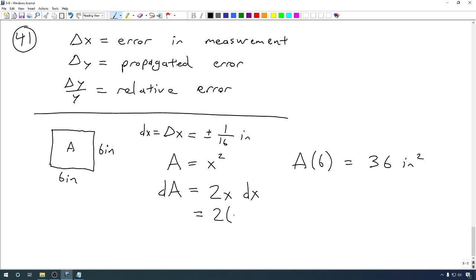X is, we're assuming here, to be 6, times dx. dx is plus or minus 1/16. That's the potential error. And if we multiply this out, we get plus or minus 3/4. Basically, our answer here, our 36 square inches, could be off by 3/4 of a square inch.